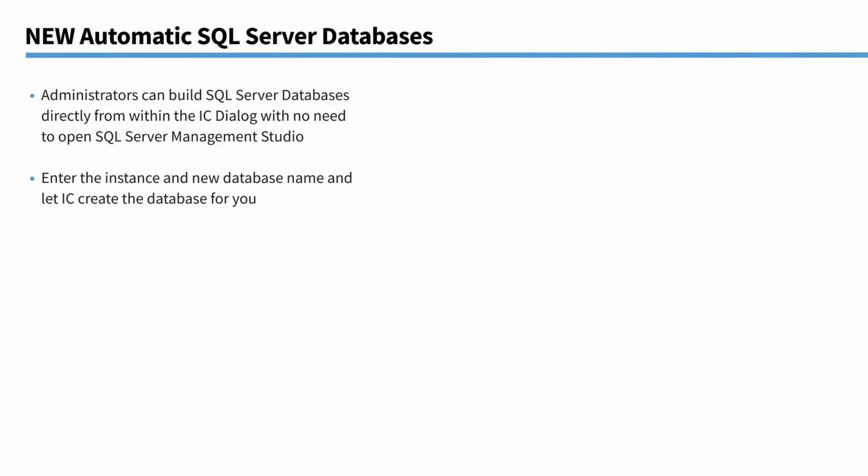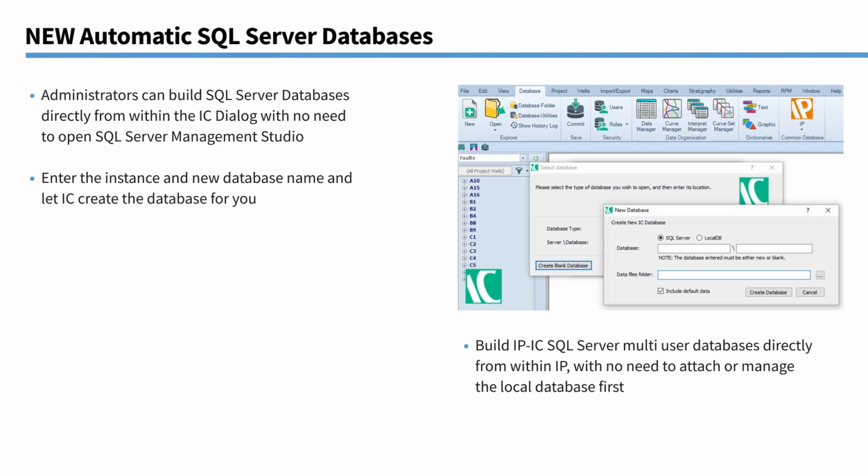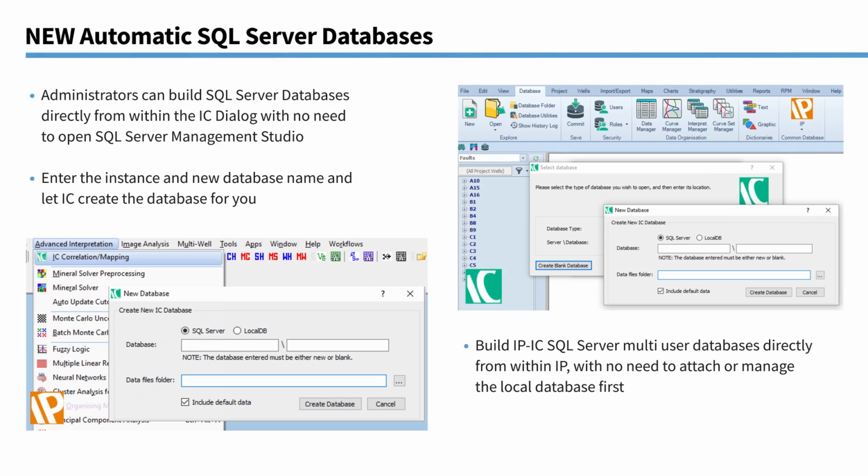So, within IC 2019, we've also included the ability to create automatic SQL Server databases. In previous versions of IC, you've had access to Access databases, Oracle databases, SQL Server databases, etc. IC 2019 is the first version where you have two options for your database style, either SQL Server or SQL Local Database.